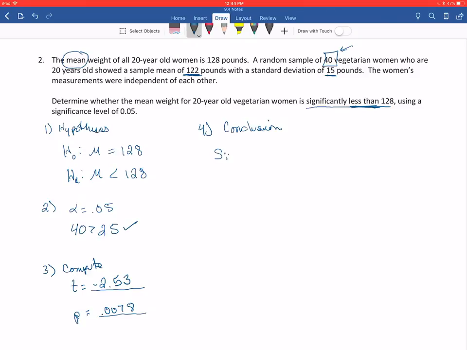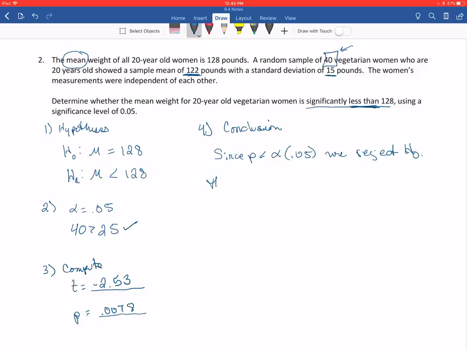So I use that p-value and I say since p, and in this case p again came back less than alpha, so we will reject the null.